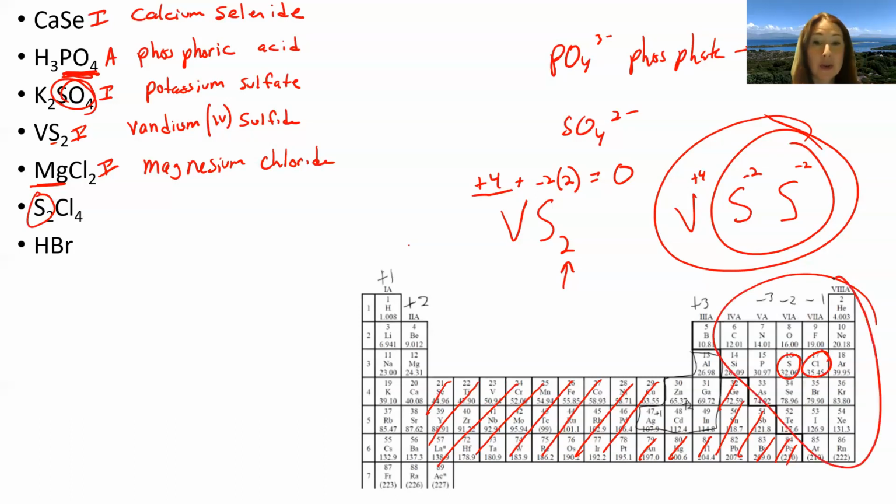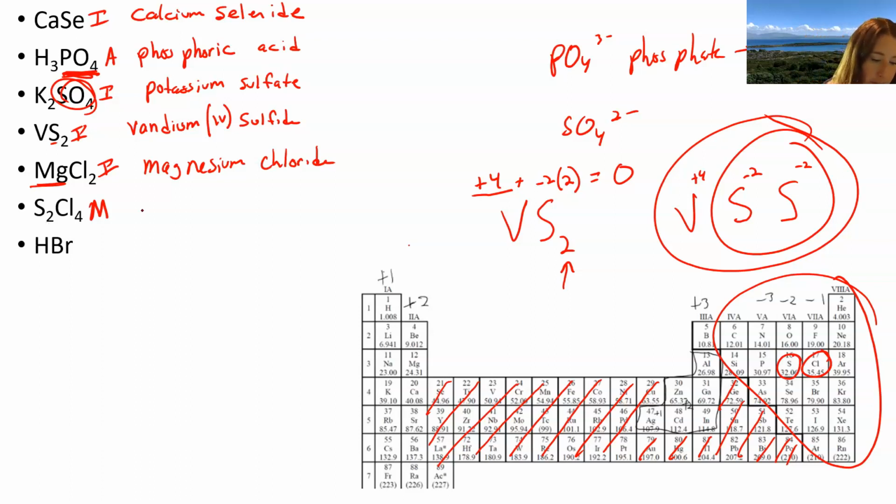2 nonmetals. This is molecular. I use dis and tris because it is molecular. Do you see how the first thing we have to do is decide what rules of naming we are using? Are we using the ionic rules, the molecular rules, or the acid rules? There's 3 distinct things in our brain, so we need to decide which one we're going to use.